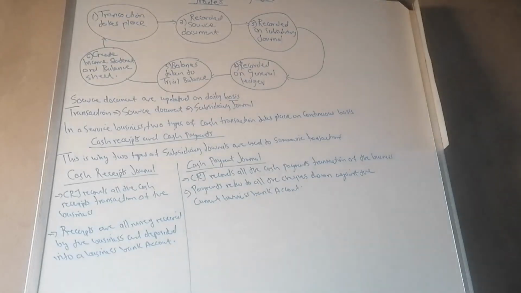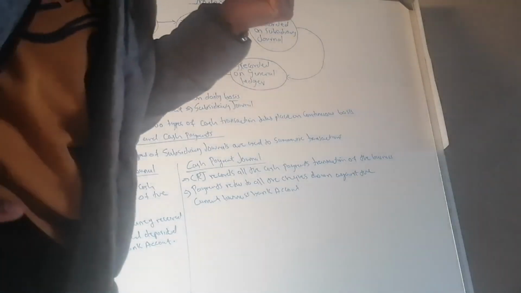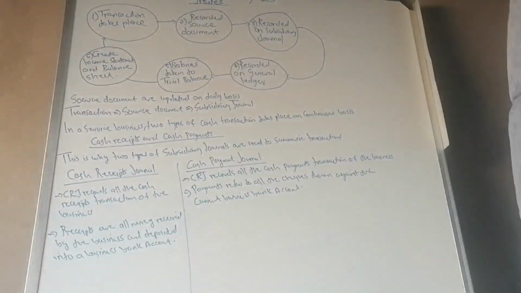So that type of a business is a service business. We also have a trading business where you sell goods like a supermarket. ShopRite is your supermarket, it is a trading business.